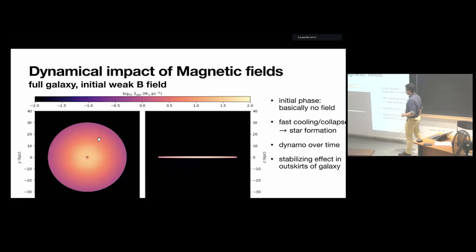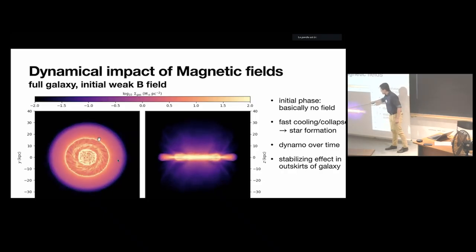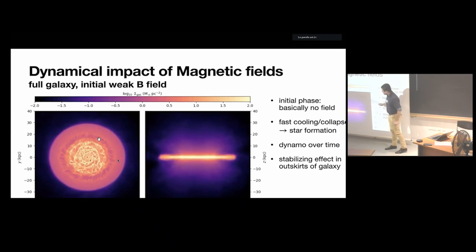So I would like to show you the evolution of one of these galaxies. Initially, we put in a very weak magnetic field and let the simulation grow the field via the dynamo to the field strength at the end. We run the simulations for 2 gigayears, and what you will see initially is no magnetic field or a very weak magnetic field. You get a burst of star formation that pushes some gas out.